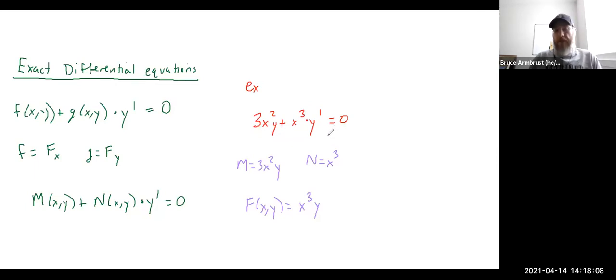Well, obviously, we don't need to use the technique for exact differential equations because, like I said, this is linear first order. It's because I wrote it in kind of a backwards way. I could even divide by x cubed. So this is actually homogeneous linear first order, and that guy's really easy to do.